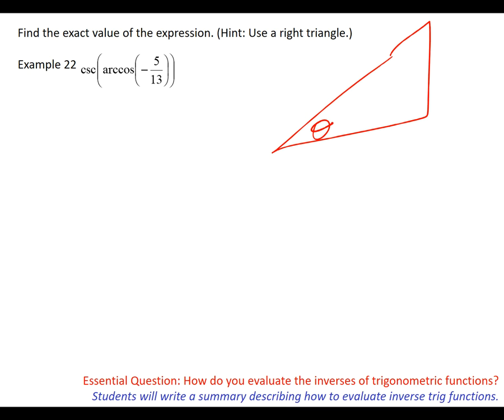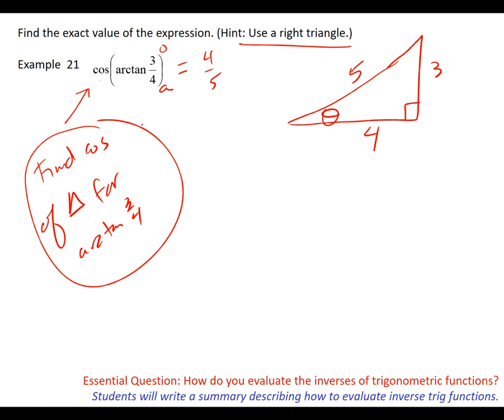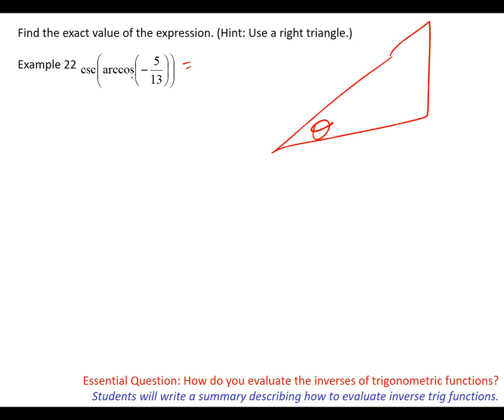Alright. So I've got to do my triangle again, right? Last time it was a positive 3/4. I didn't have to mess with the sign, like plus or minus. I have to mess with my plus and my minus this time, so just think about where we're at here. What quadrant is our cosine valid in? 1 and 2. It's positive here and negative here, right? Yes. And so if we're going to talk negative, we know we're definitely in quadrant 2. What is cosecant in quadrant 2? Is it positive or negative? So I'm going to deal with that first and then deal with my triangle. So I know that I've taken care of that. I know that it's going to be a positive answer.